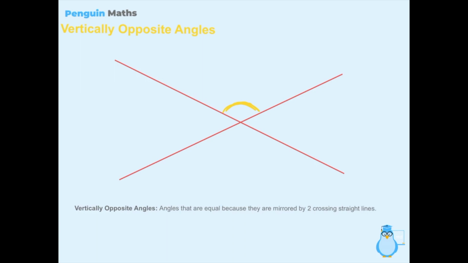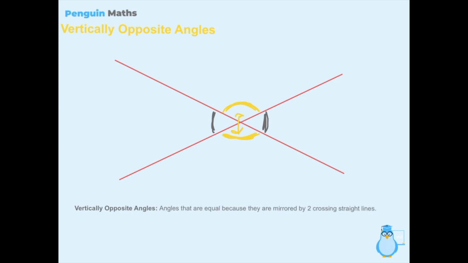Vertically opposite angles will be the same if they lie opposite one another as such, and that means both this top angle and the bottom angle are equal. And the same can be said for this angle in here, which is equal to this angle in here, because they're vertically opposite.